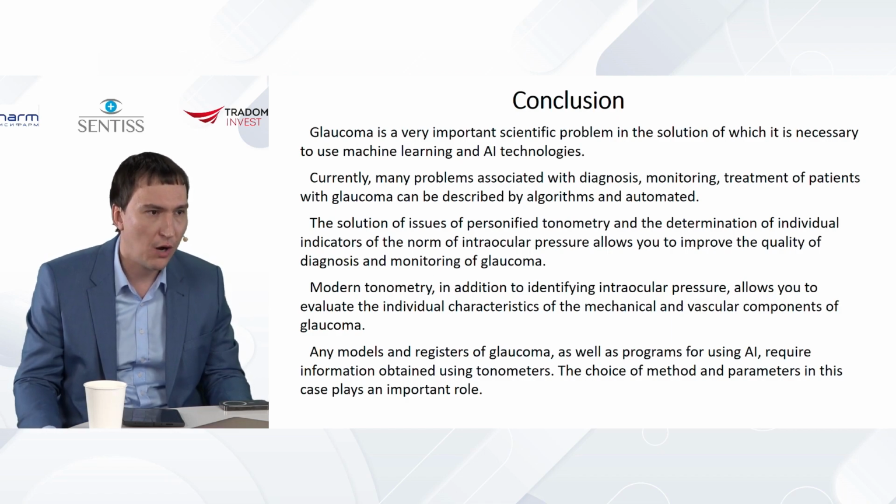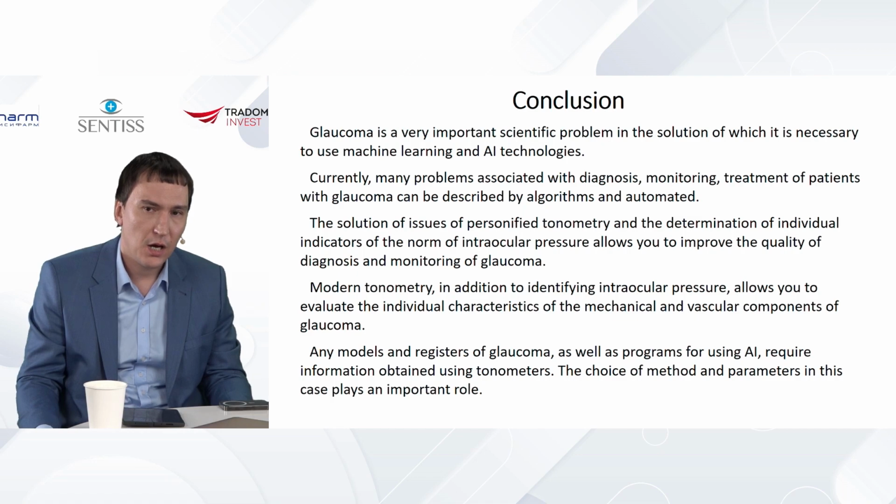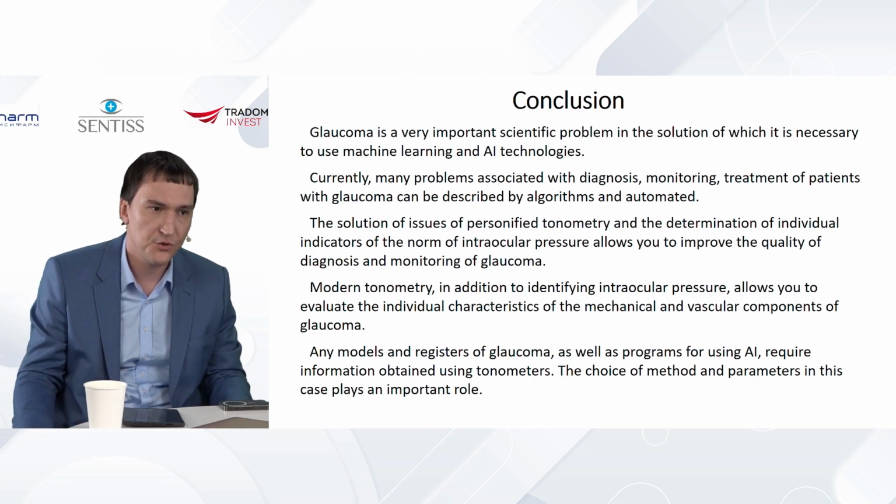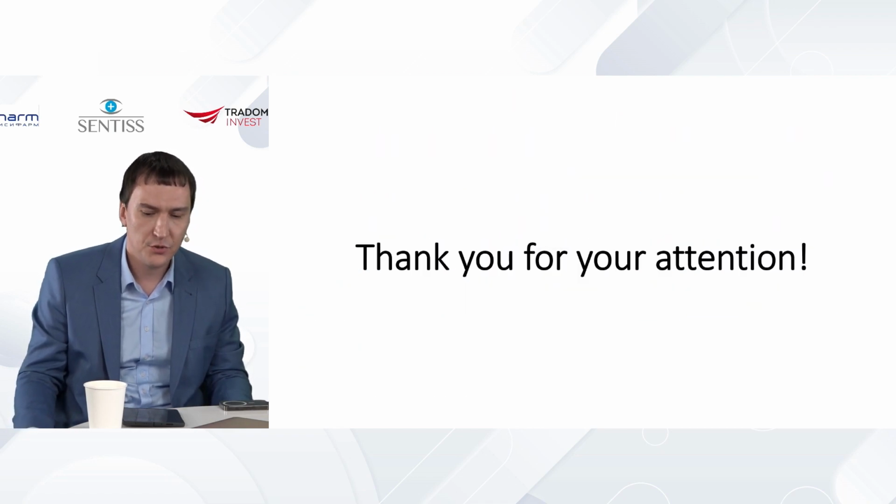And if we train AI, then AI should be trained with new data, data which are relevant, significant, prognostic, and that have a new modern level of reliability. And I think even Goldmann tonometry, which was always considered the gold standard, now becomes a method which gives us not contemporary data, and it may sound quite strange, but no offense meant here.